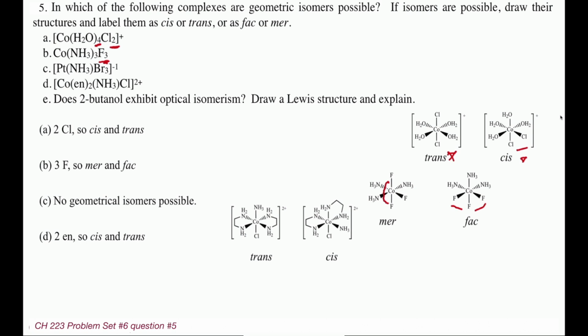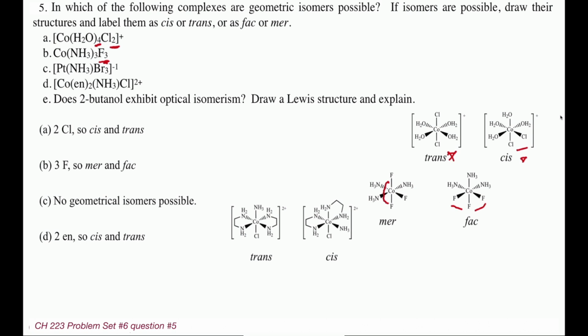The nitrogens are at 180 degrees on the left version, and on the right version, you can see that ethylene diamine kind of loops up and to the right. So it certainly is not trans, and they call it cis, although I find that a little strange, but anyway, that's my personal preference. This one definitely has a cis and trans thing due to the ethylene diamines, and this just shows how this can all work out.